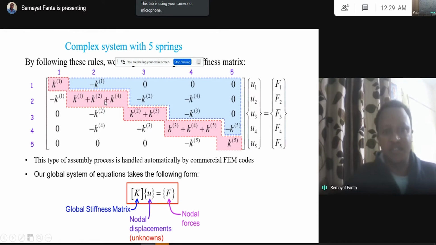So these are the diagonal entries. Okay, so this is a 5 by 5 matrix.